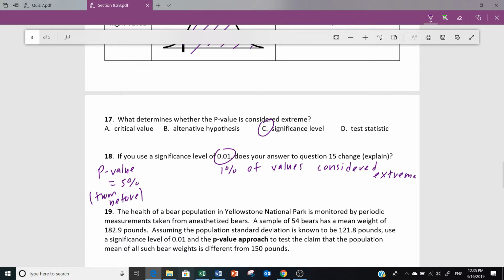So yes, our answer is changing now because we're not considering it extreme. So yeah, it would change, because the significance level determines whether it's considered extreme or not. I don't know what it would change to.